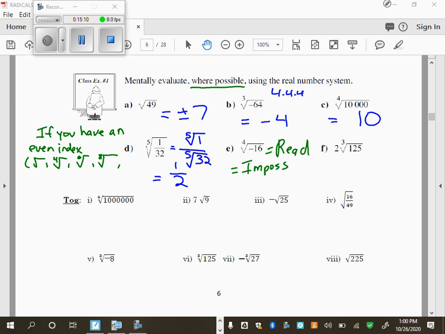There's a better way to word that, but it cannot be negative. You can't have a negative square root, a negative fourth root, a negative sixth root, and so forth. Here's fourth root negative, can't do it. Imaginary number.